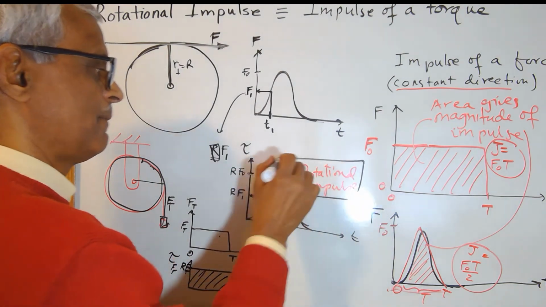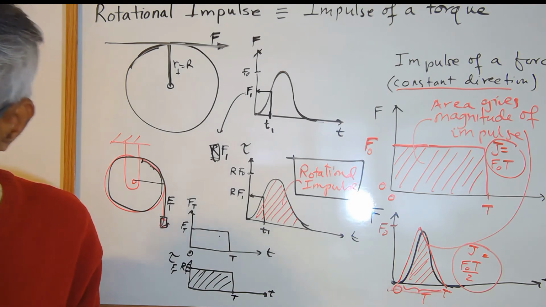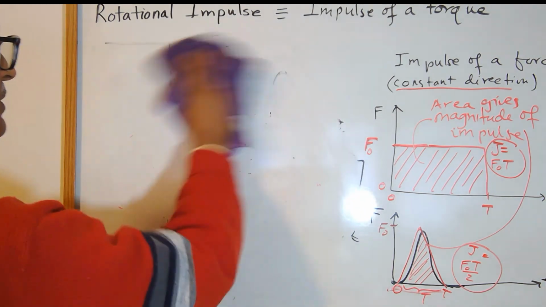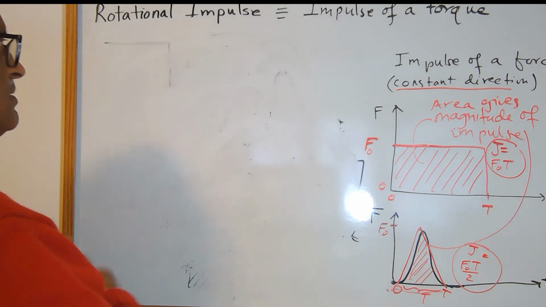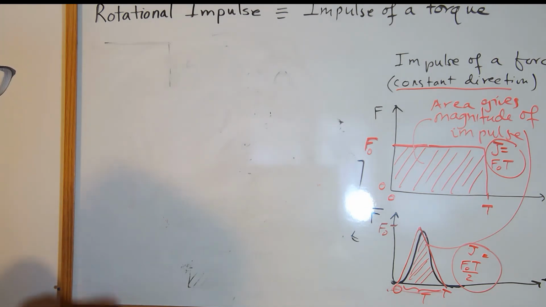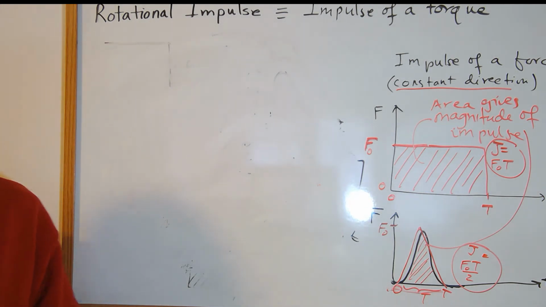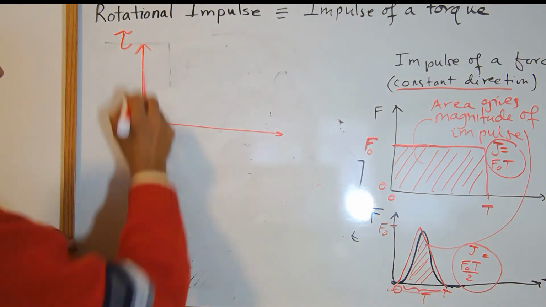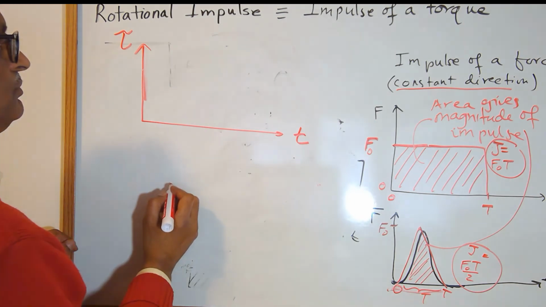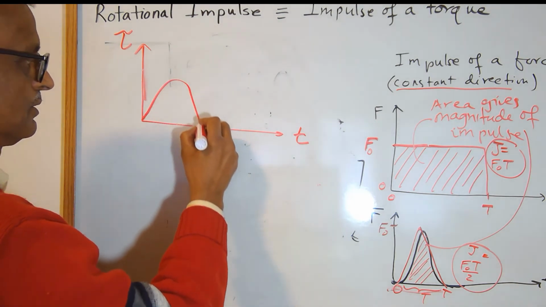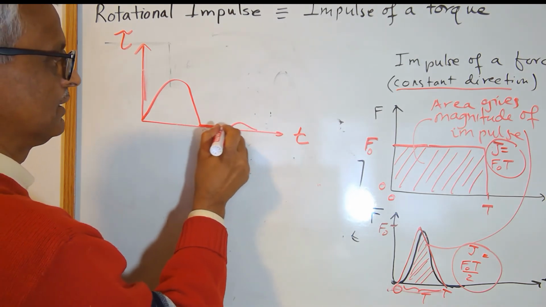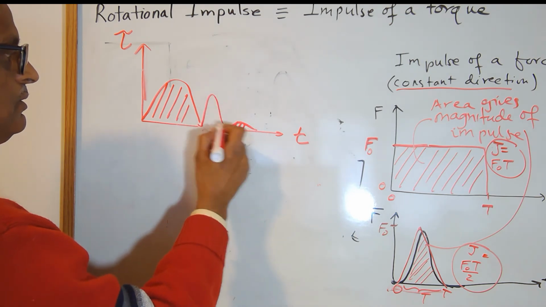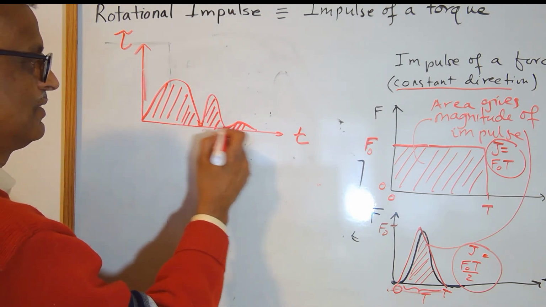So what is rotational impulse? For rotational impulse, in general, if I erase these special examples, if I take a force and I figure out the torque of some force, I plot it versus time, and whatever I get, maybe the force just keeps becoming bigger and smaller, so to say, this is the torque.